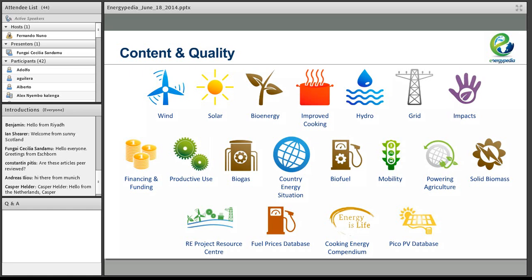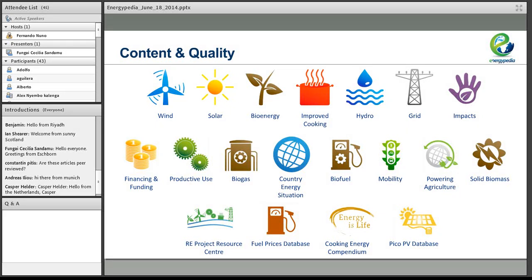In terms of quality, we have clear community guidelines and policies for our users on what information they can add and what they cannot. But basically, we encourage the community itself to take care of the content and curation of the quality of the content.